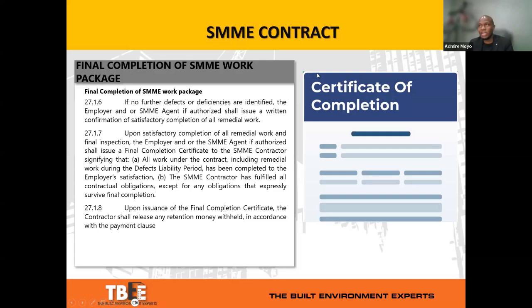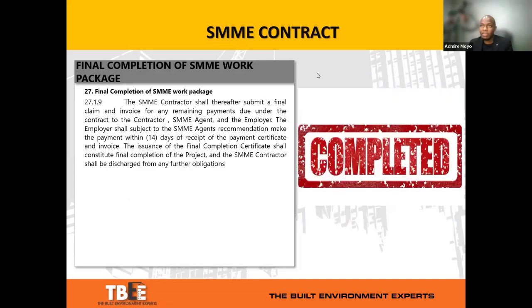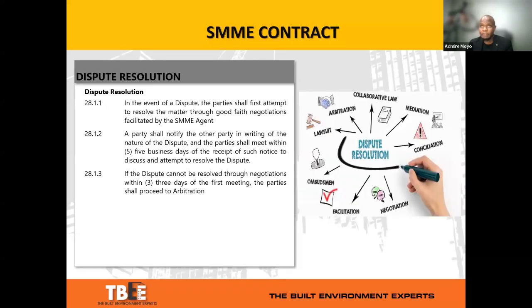More importantly, the final account process will be accompanied by a certificate of completion that the SMME contractor receives to enable them to move on or upgrade their grading with the CIDB if they are a public sector contractor.